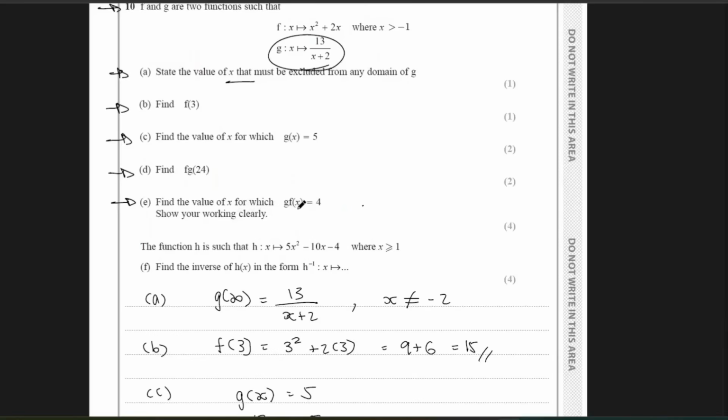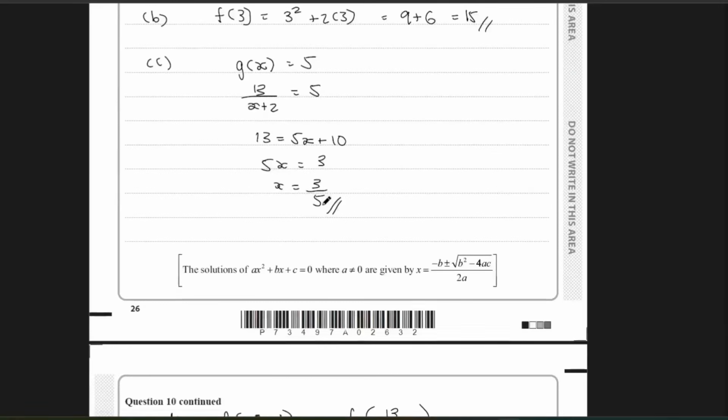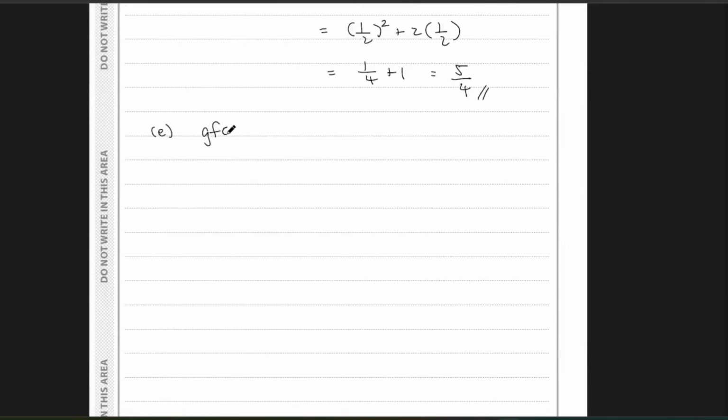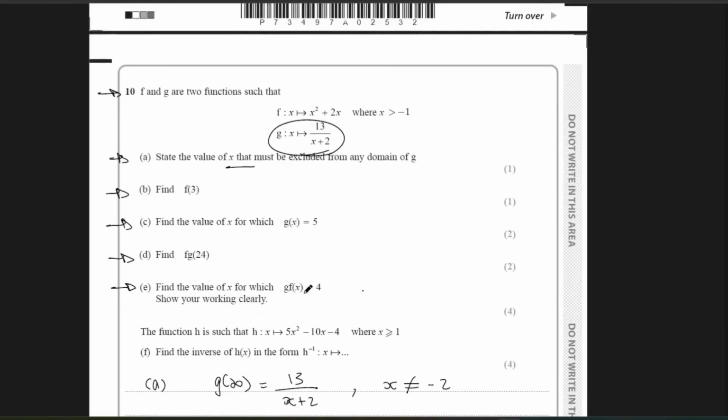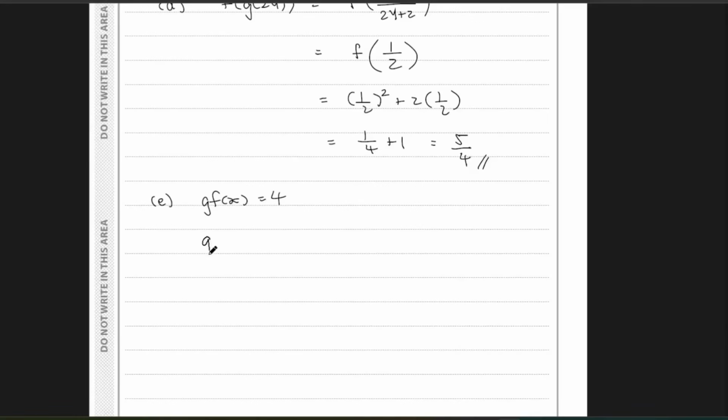Find the value of x for which g of f of x is equal to 4. So let's write that down. g of f of x is equal to 4. Now let's replace g of f of x with the actual expressions. This becomes g of x squared plus 2x equals 4.